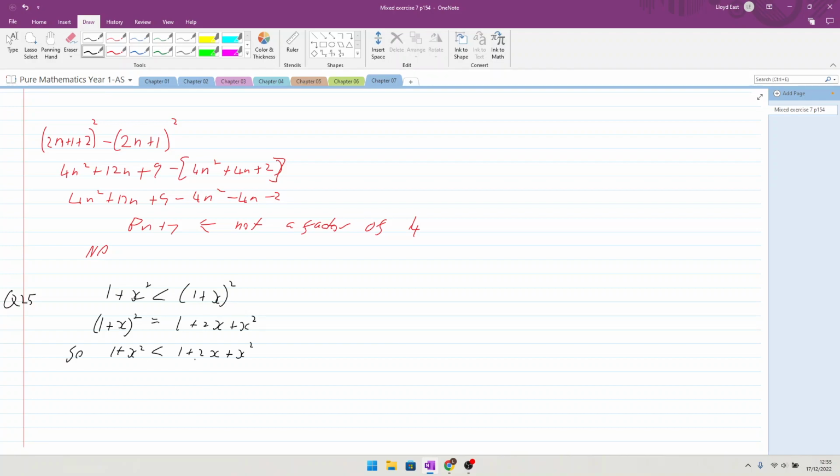If you were to bring this through, you could bring the 1 across and you could get 0 plus x squared less than 2x plus x squared, and then you could bring the x squared across, you get 0 is less than 2x. And you think, well, yeah, that's got to be bigger than 0. What if x equals minus 6? Then you get 0 is less than minus 12. Not correct.